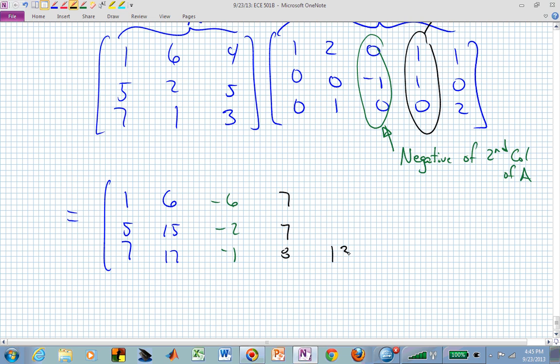I now have 1 plus 8, or 9, and 5 plus 10, or 15, and that's now my product of this matrix A times B. I didn't have to go through all of these different row times column multiplication processes, although you could do that and you better get the same result.